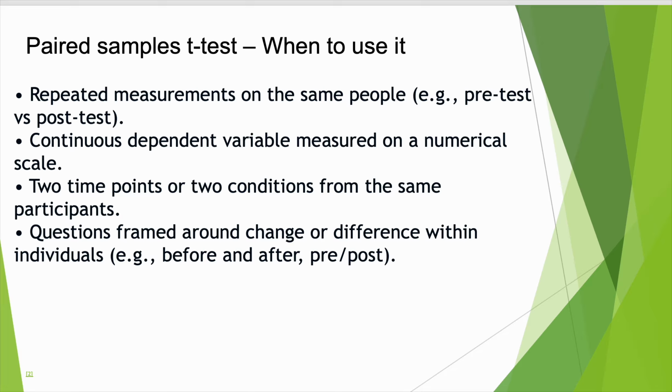In order to use this, though, you have to have a continuous dependent variable, which means it has to be a scale value score. So you can't necessarily use a Likert scale here. This is not going to work on a self-reporting survey. This would work if I'm going to give you 10 questions, and then I'm going to grade the 10 questions, and you get an 8 out of 10 or a 9 out of 10.